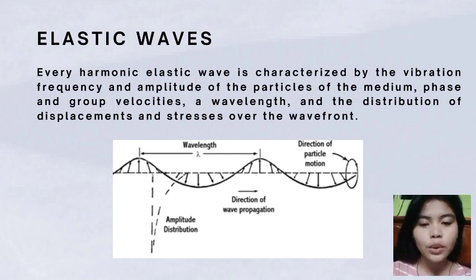Given that the parts of the elastic waves have been mentioned, we are going to elaborate on them later. Let us focus on the statement that every elastic wave has a distribution of displacement and stresses over the wavefront. So let us talk about wavefront.